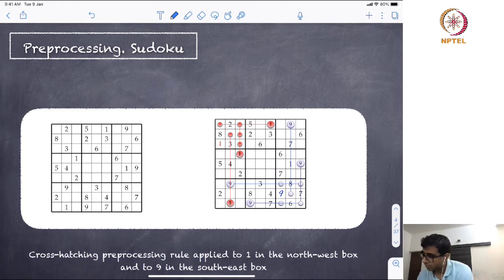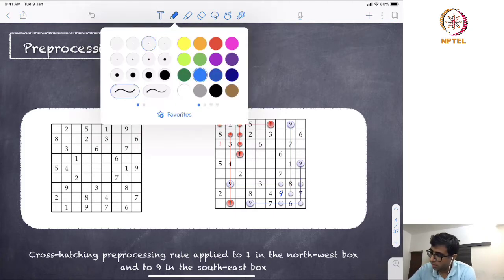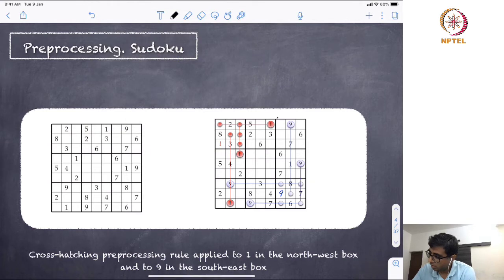Now notice that by looking at this, we can fill in 1 by what is called cross-hatching preprocessing. Why? Because 1 is present here, that implies that 1 cannot be in this row.